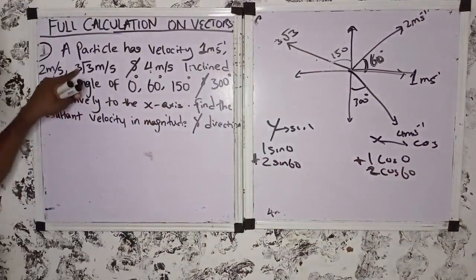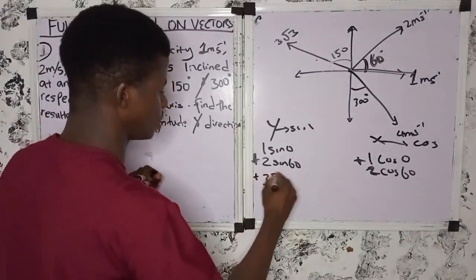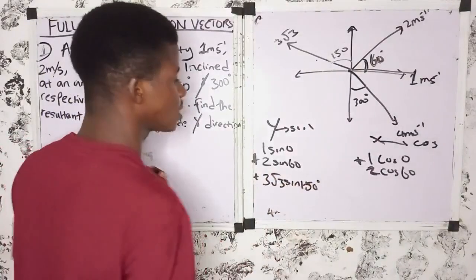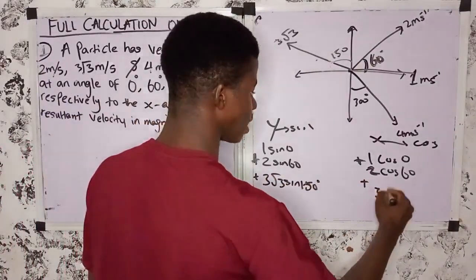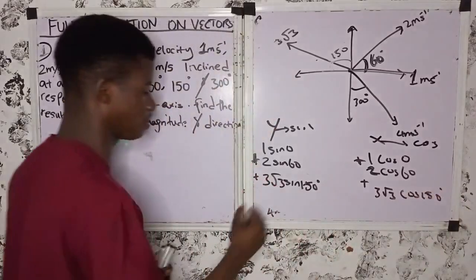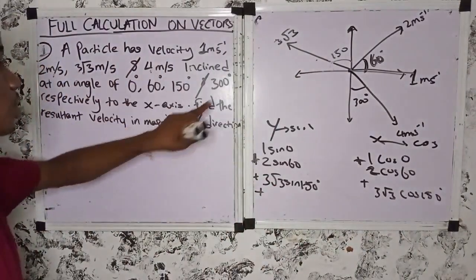Then 3 root 3 is inclined at 150 degree, so you use plus 3 root 3 sine 150 degree, plus 3 root 3 cos 150 degree. Then plus again the last part, 4 is inclined at 300 degree.